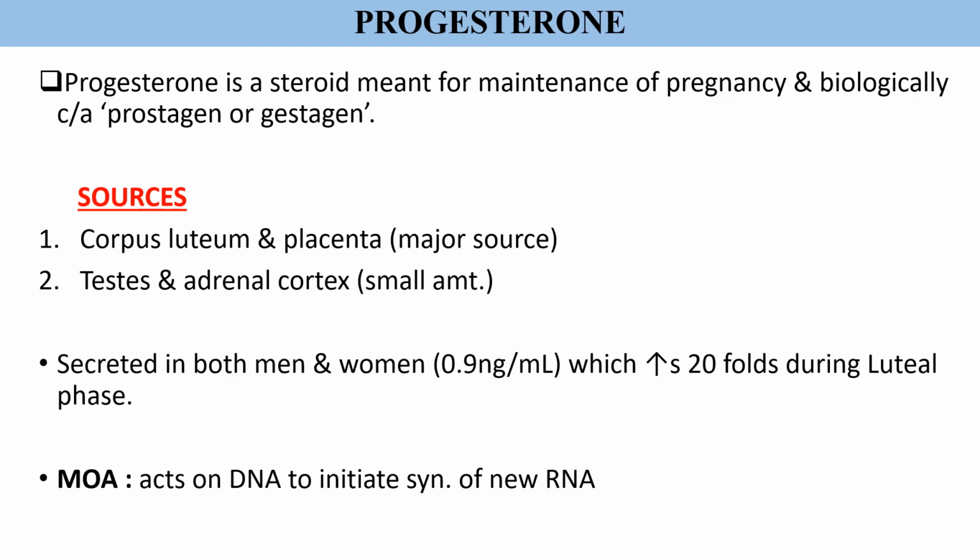While in a pregnant female, the source of progesterone becomes the placenta. Testis in males and adrenal cortex in both sexes also produce a small amount of progesterone. It is the hormone of the luteal phase and thus it increases 20 times during the luteal phase of the menstrual cycle.